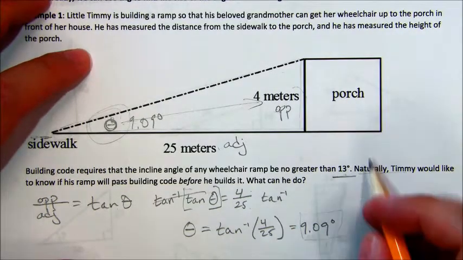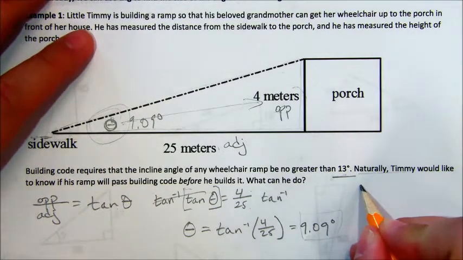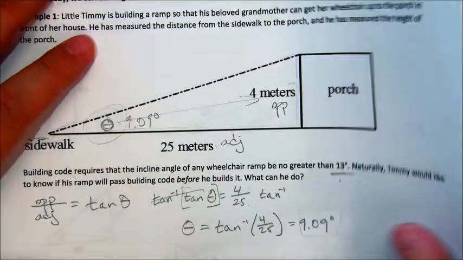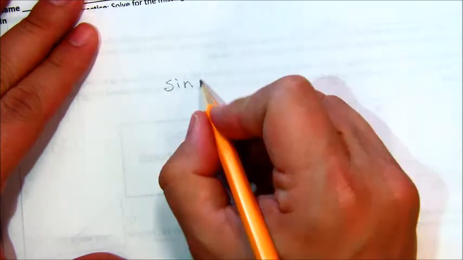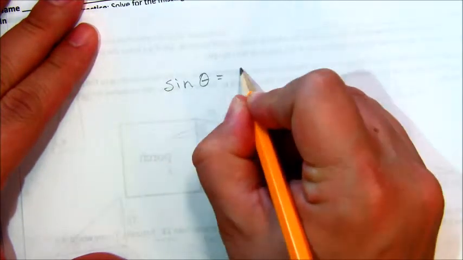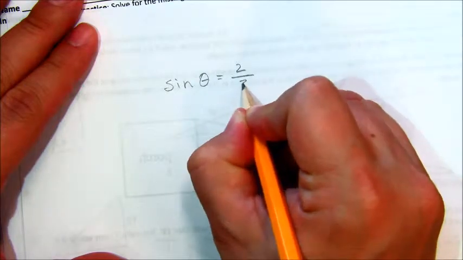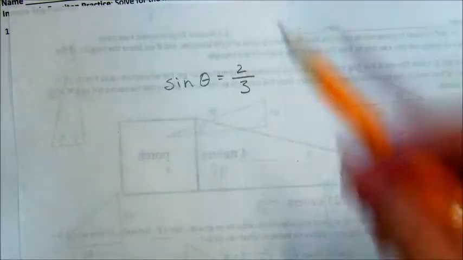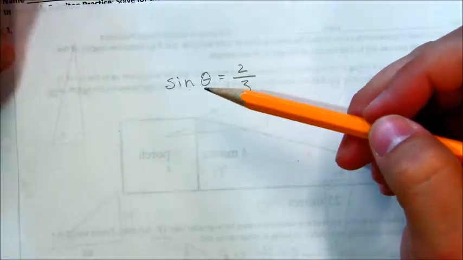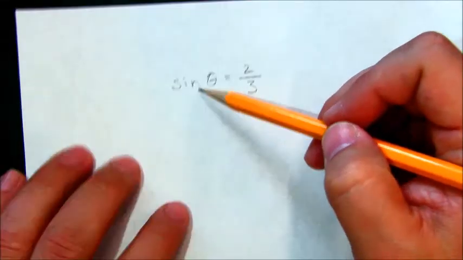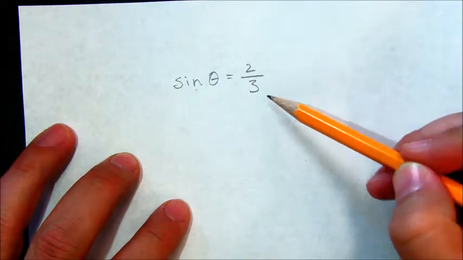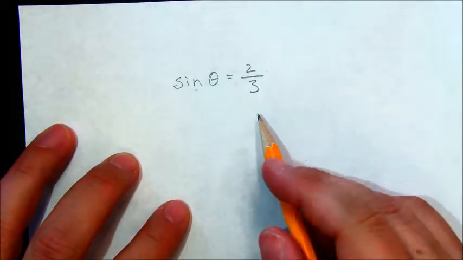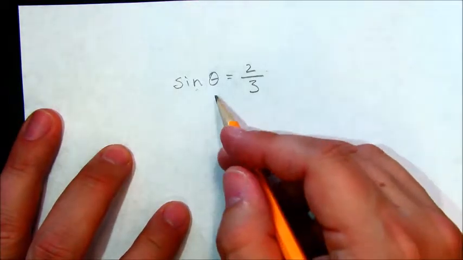Let me say a little bit about these functions. Anytime I have an equation like this, say sine theta equals 2 over 3, I'm just making something up. I've got one of my trigonometric functions, sine of theta, and the ratio, so I know what sine theta is. What I want to find is theta.